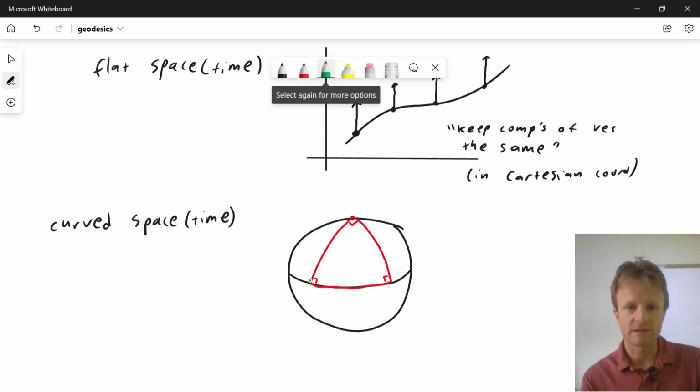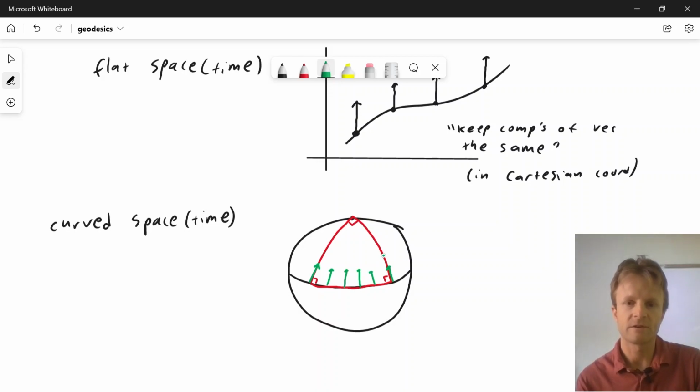So we can imagine starting with the vector pointing north here. And as we keep it pointing north, it will kind of end up this way. So far, so good.